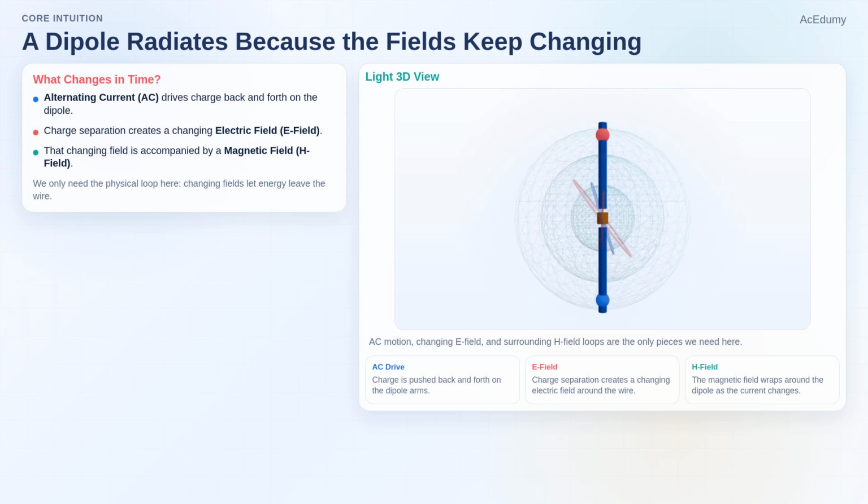Then the change in magnetic field supports a change in electric field again. This time-varying loop is the core intuition behind radiation. The message is simple. If the fields keep changing in the right way, energy no longer stays trapped near the wire. It can propagate away.